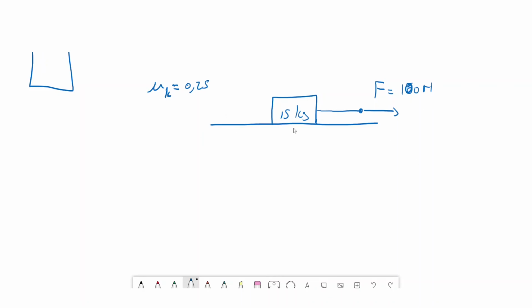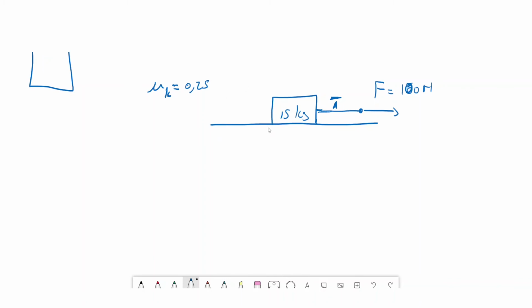And then I want you to find the tension force T on this object. I want you to find the tension force T that is going to be actually felt by this object here.